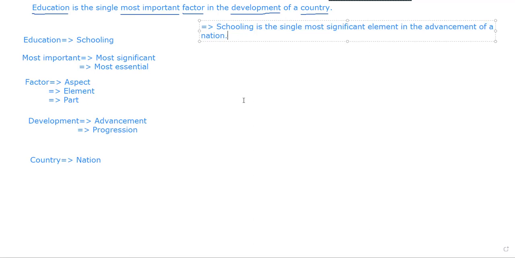Then now we are going to discuss the second strategy that you can use to paraphrase.